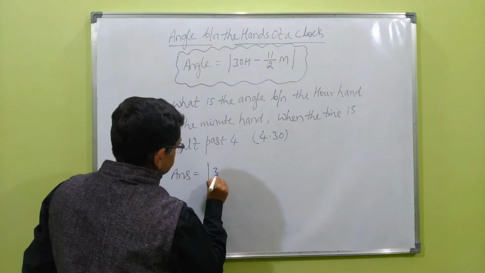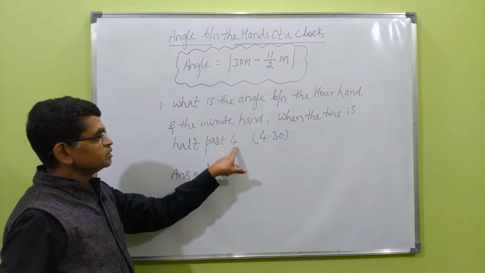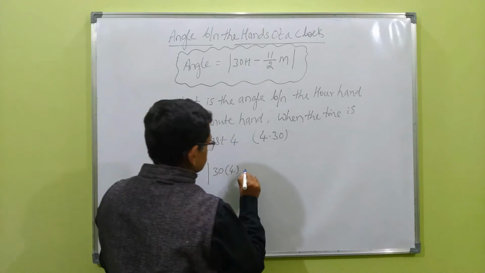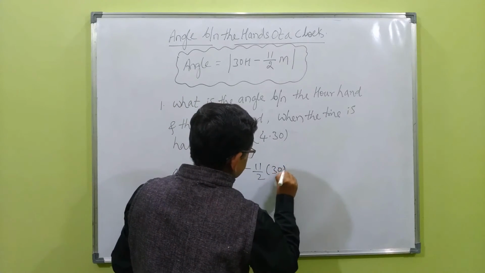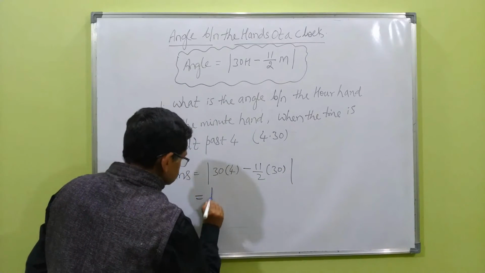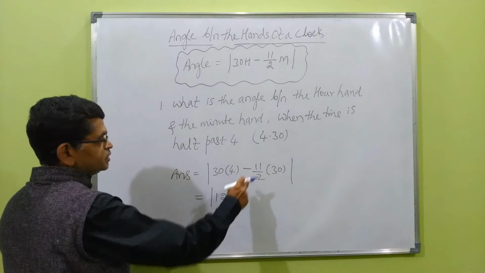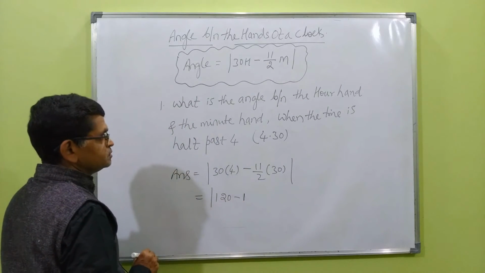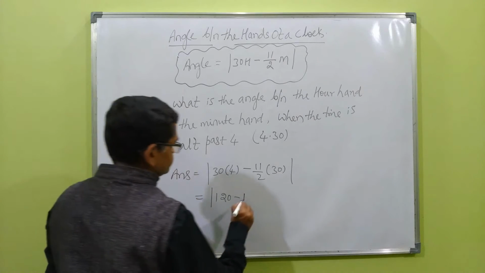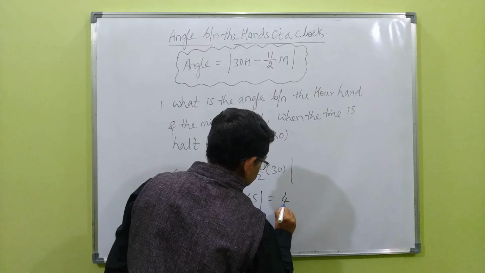That is 30 into 4, hour hand is 4 and minute is 30, 11 by 2 times 30. So this is 120 minus 165, so 45 degrees.